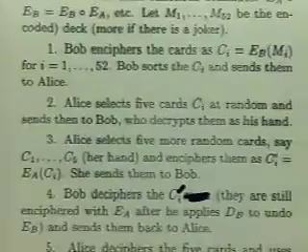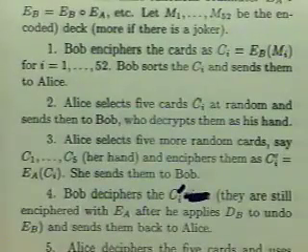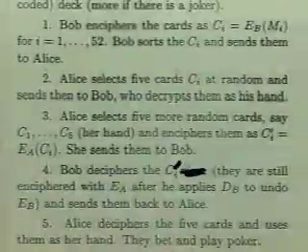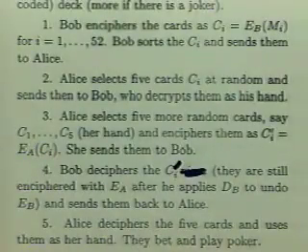She then sends the ciphertext to Bob, who decrypts them. Those are his hands. Now Alice chooses 5 more random cards. Let's say C1, C2 up to C5.